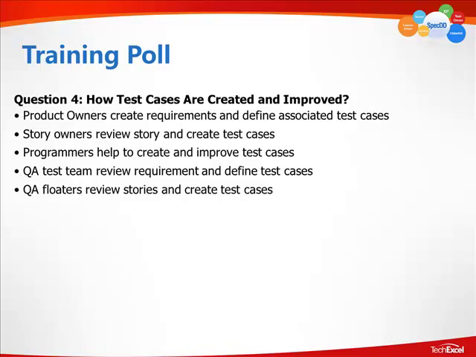Maybe the programmers help to create and improve the test cases. Or is it the QA test team themselves that review requirements and define test cases? And lastly, the QA floaters, are they the ones that review stories and create test cases?